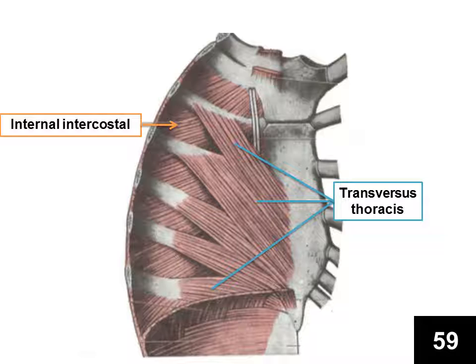Its fibers, as they pass upward and laterally, diverge and become attached by slips into the inner surface of the second to the sixth costal cartilage.